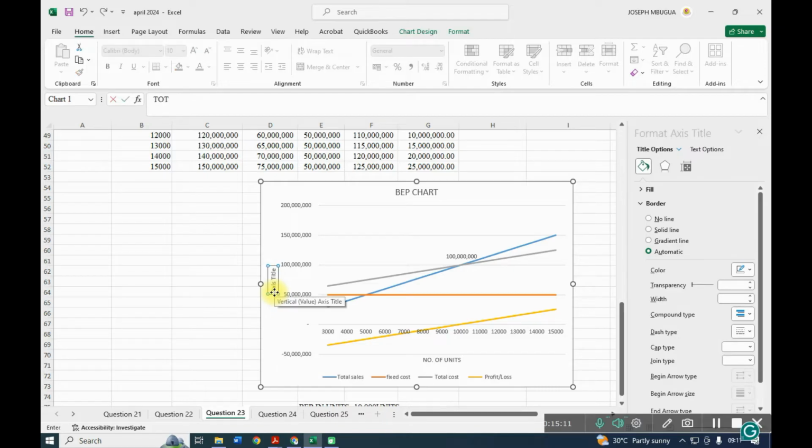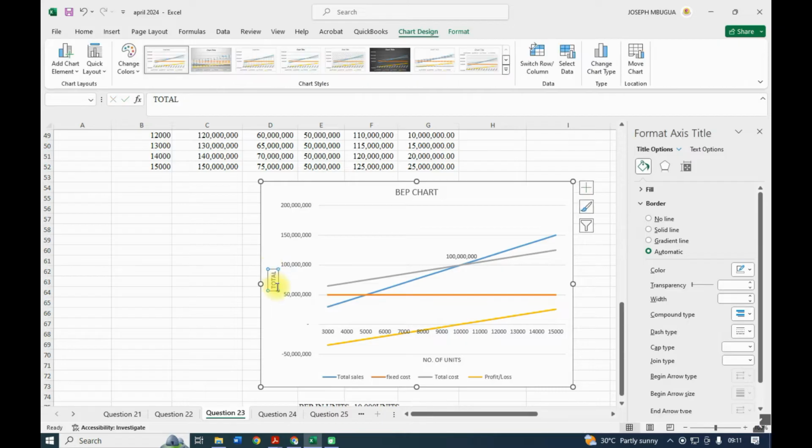So these are the total values, either the total revenue or the total cost.